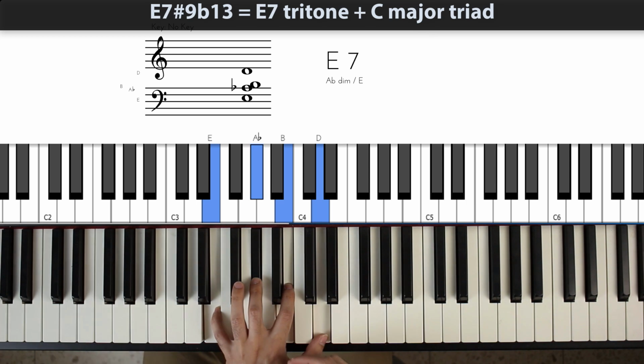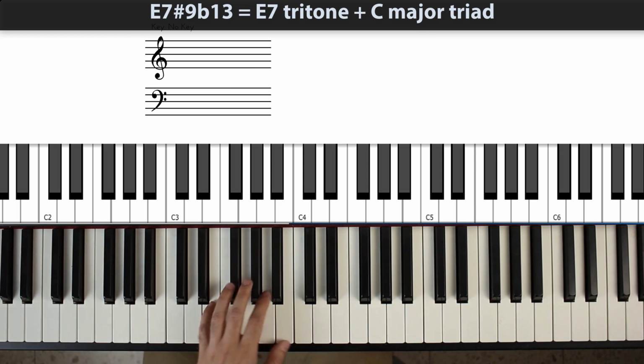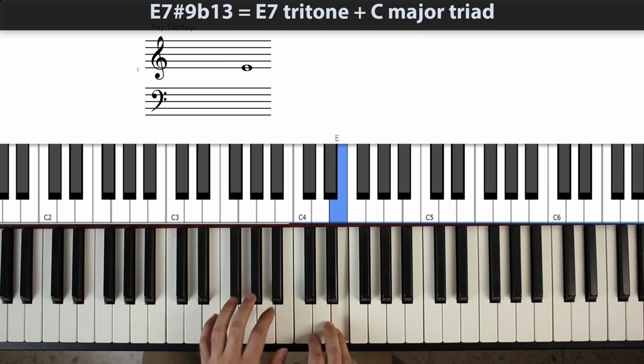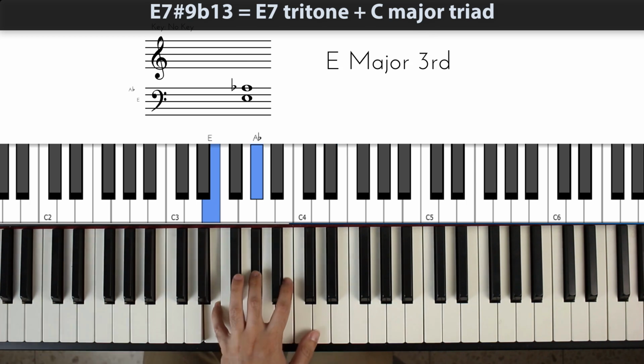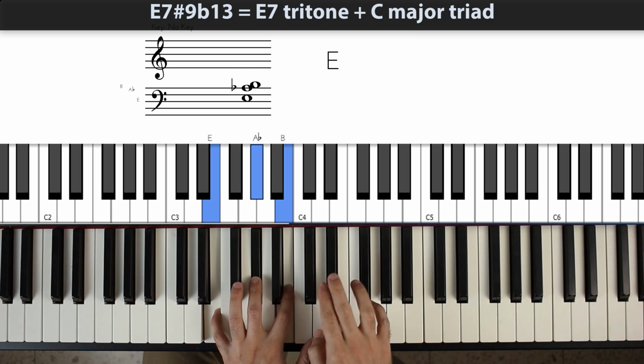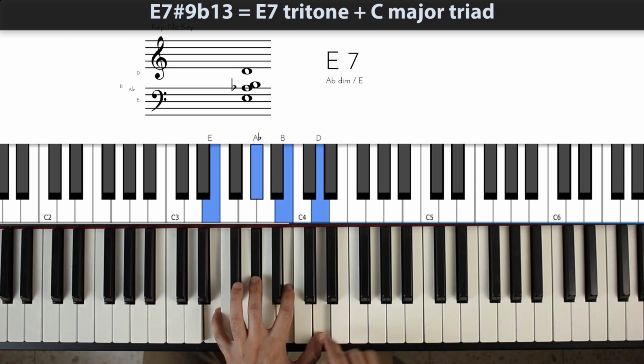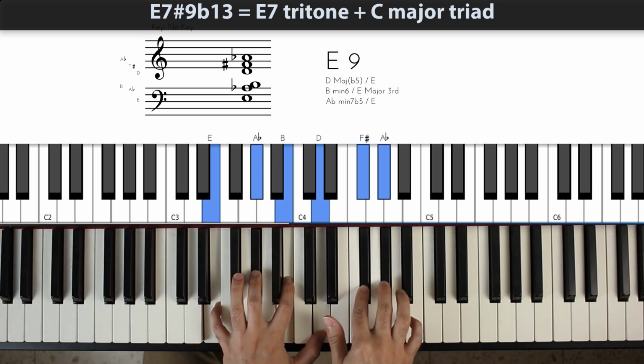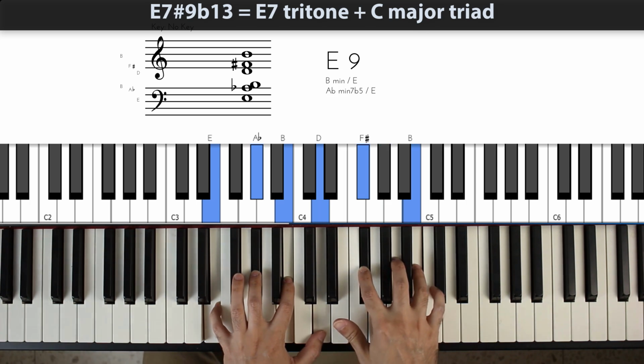Now, again, let's take a closer look at this. Here's my E dominant 7, which I create by playing the E major scale. I'm playing the first, third, fifth, flat 7, and I can also add higher degrees. I can add the 8, 9, 10, 11, 12, 13.